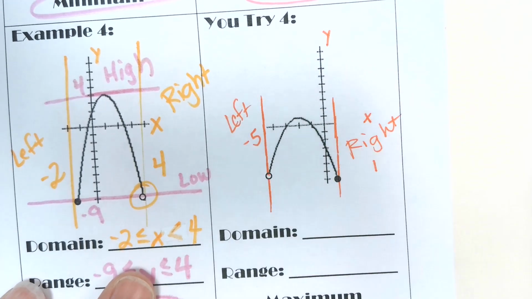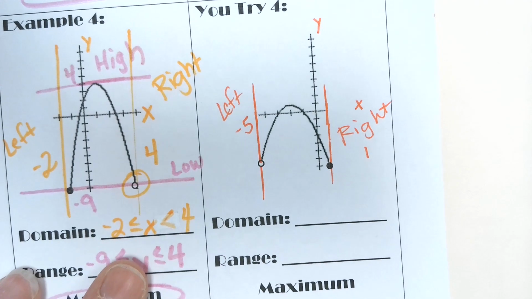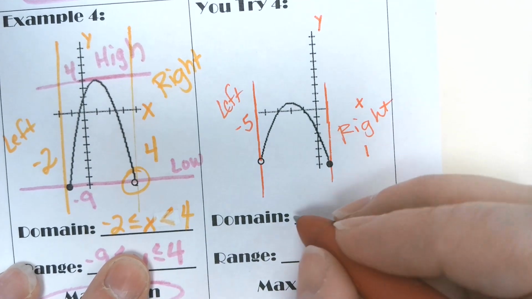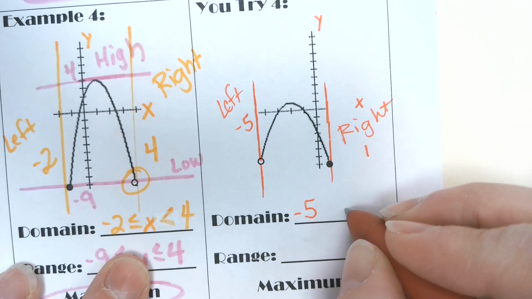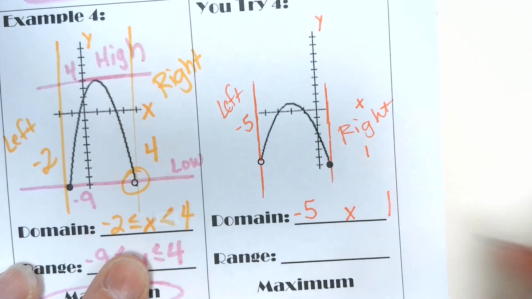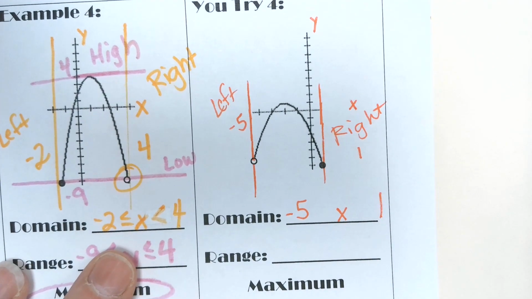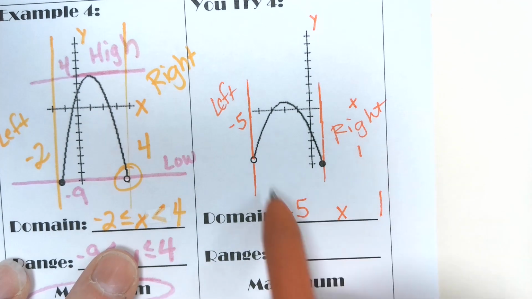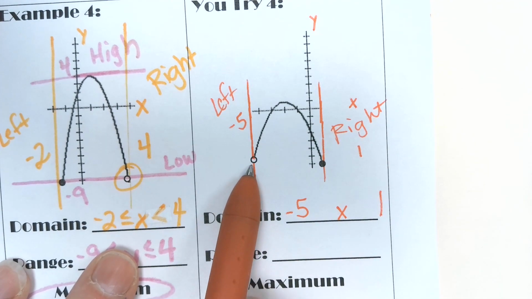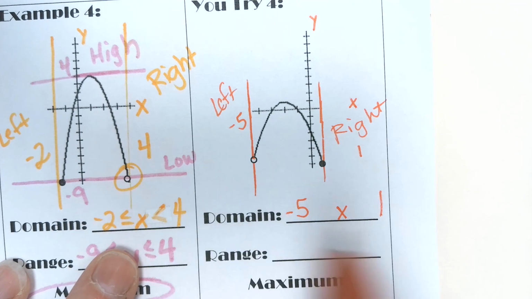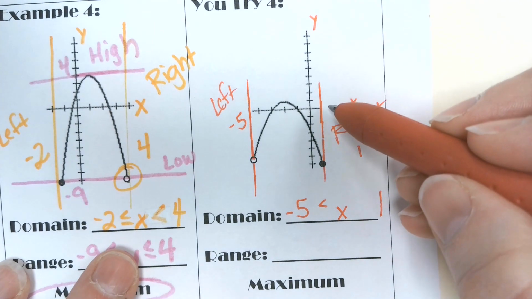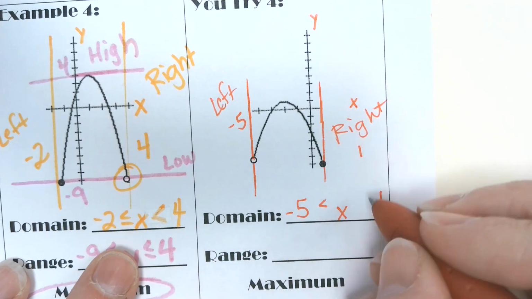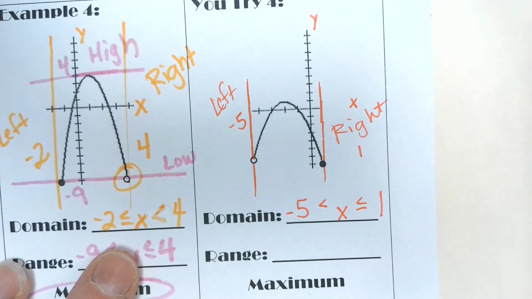Yeah, 1. So we're going to go -5. Then we have x, and then we have 1. Now we fill in. So this is an open circle. So we won't have the or equal to symbol. It'll just be less than. And then right, it goes to 1, and it's a closed circle, so less than or equal to.